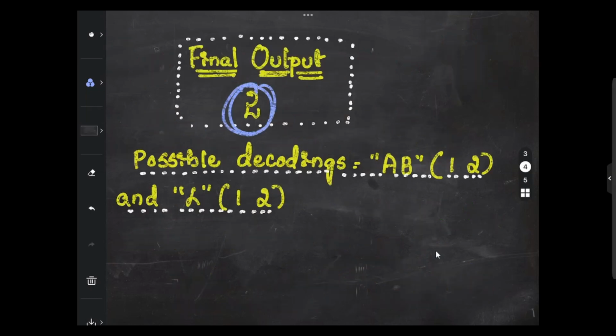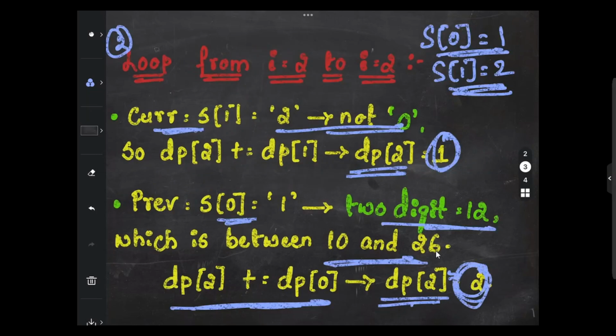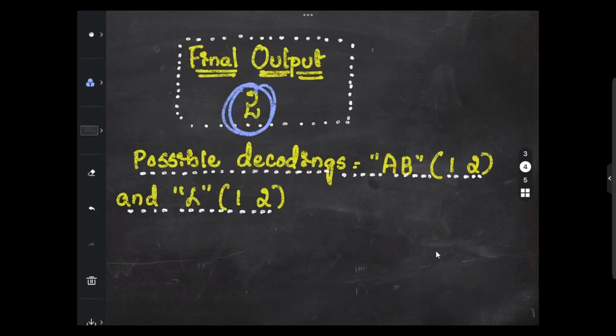So the final output that we got here is 2, which we will consider. The possible decodings are A, B for 1, 2, or we can directly consider L for 12.